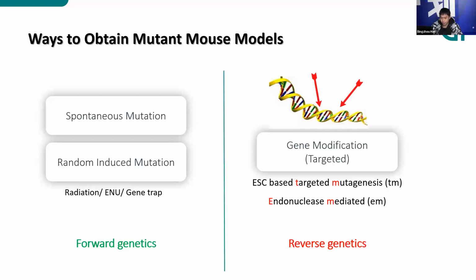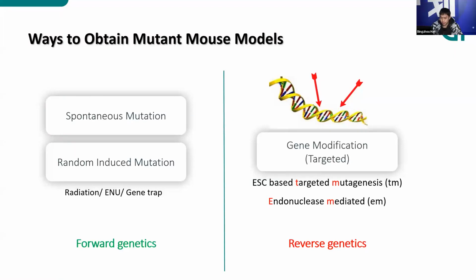The first is from the forward genetics ways, like we obtain the spontaneous mutations, the phenotype-causing spontaneous mutations when we maintain the animals, or we just add some random induced mutation by using physical or chemical inductions to disrupt the genome, like radiation, chemicals like ENU, or using transposons to do gene trap strategies, and then get the individuals or lines with certain phenotype. After mapping and mechanism study, we could complete the forward genetic study approach.